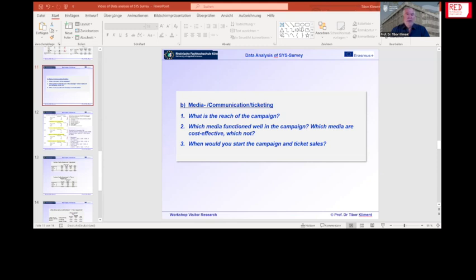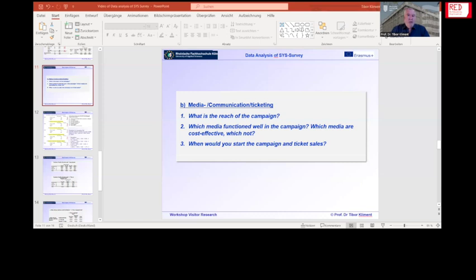Beyond the audience description and beyond audience behavior and audience satisfaction, it's always very important to know whether the media you employ for your media campaign are efficient, and in how far the ratio between efficiency, success, and the money you have to invest to use this channel is in a good relationship.